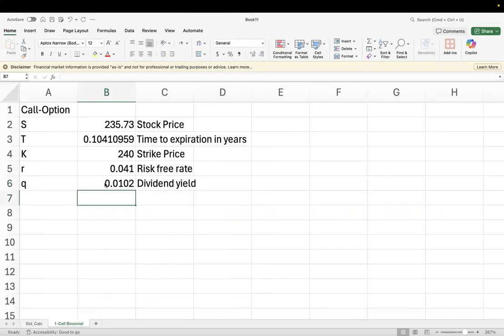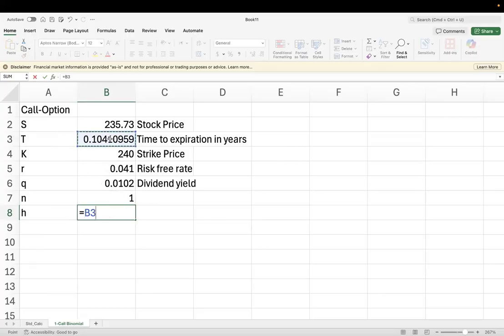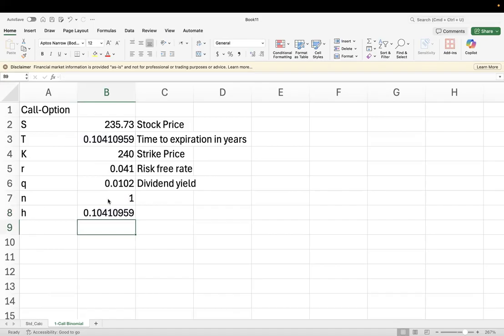Nice. So I got S, and then number of time periods here, let's say n equals 1. Number of binomial periods is 1, and therefore H is T divided by N. So I got that one too.